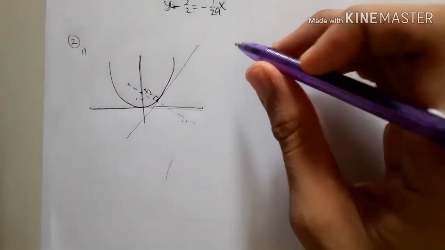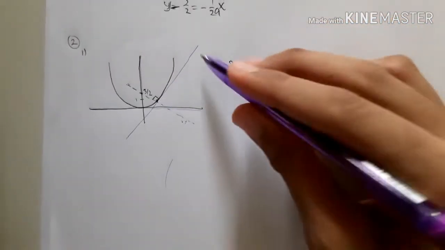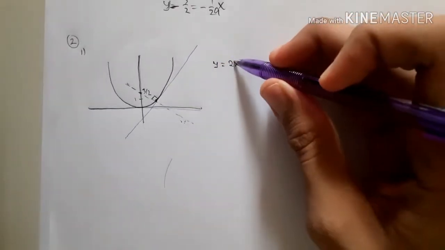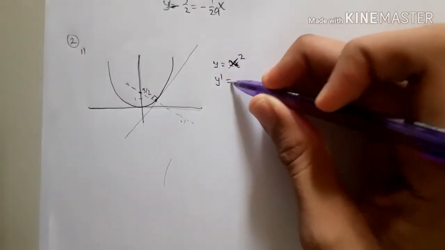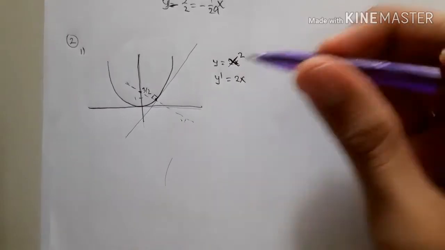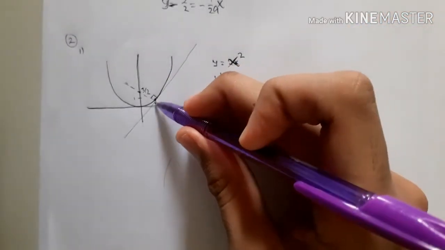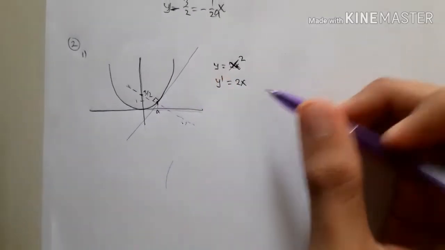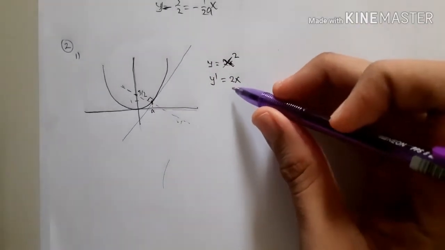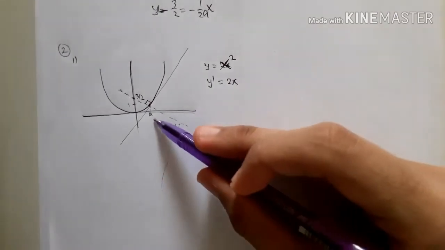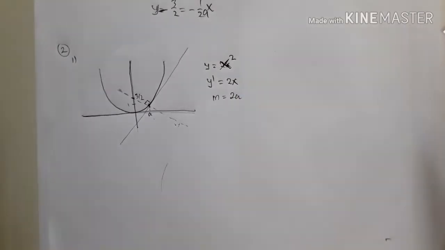The first thing we need to do is find the gradient of this tangent line. The way to do it is to differentiate the function, so it is 2x, but we don't know the x coordinate of the intersection, so we just assume it as a. To find the gradient, we put the x coordinate in here, so the gradient m is 2a.